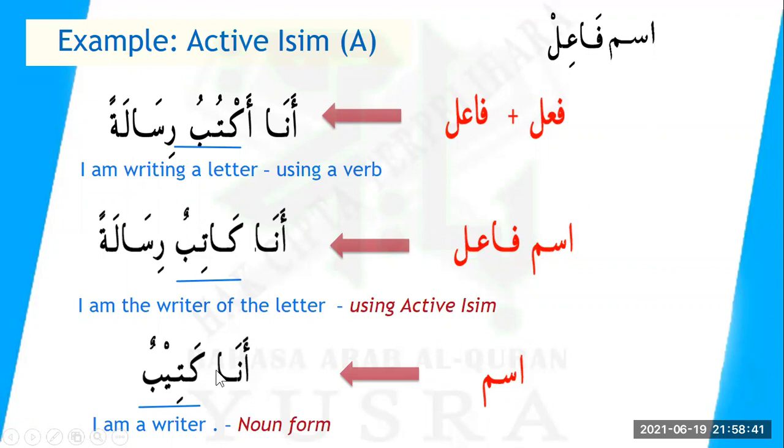Katibun is what you call a mubalagha, an extreme form, an extension. Extension meaning it is something that you do repeatedly. So katibun is translated as a writer, like your career is a writer. You are a writer. So that's it.